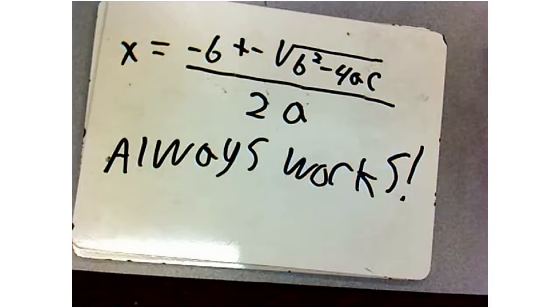Well, that kind of makes sense. So this is important to remember. If you have a perfect square, you're going to have 2 answers. If you have 0 under the radical, you're going to have 1 answer, right? Because something plus 0 is the same thing as minus 0. But we still have to do the work, don't we?